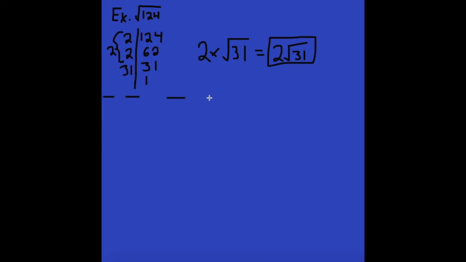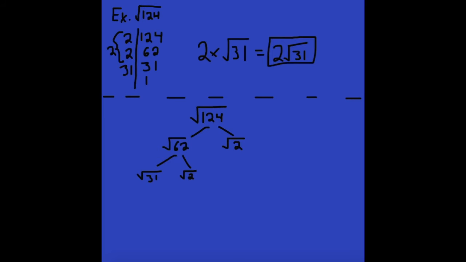Let's do the tree method for this problem. The square root of 124 can be broken down into the square root of 62 and the square root of 2. You cannot break the square root of 2 down any further, so let's look at the square root of 62. You can break the square root of 62 into square root of 31 and square root of 2.